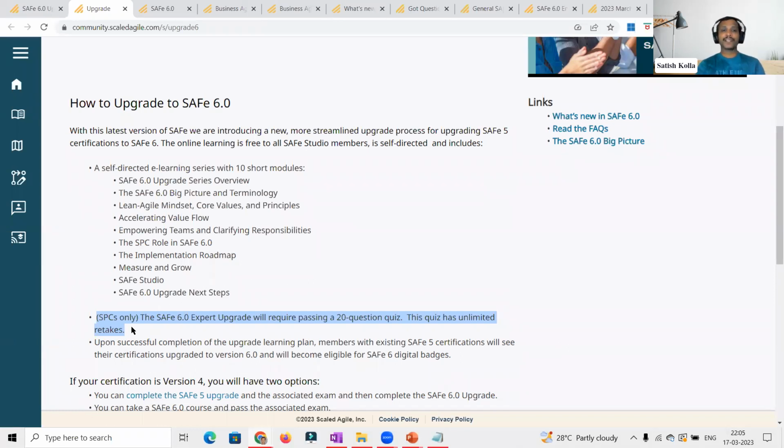So you need to go through these 10 short modules available as part of your relevant certification. And if you are an SPC, you need to go through this 20-question quiz. You need to score 100%, and the quiz has unlimited retakes. So you can go through it and clear the upgrade from your side.